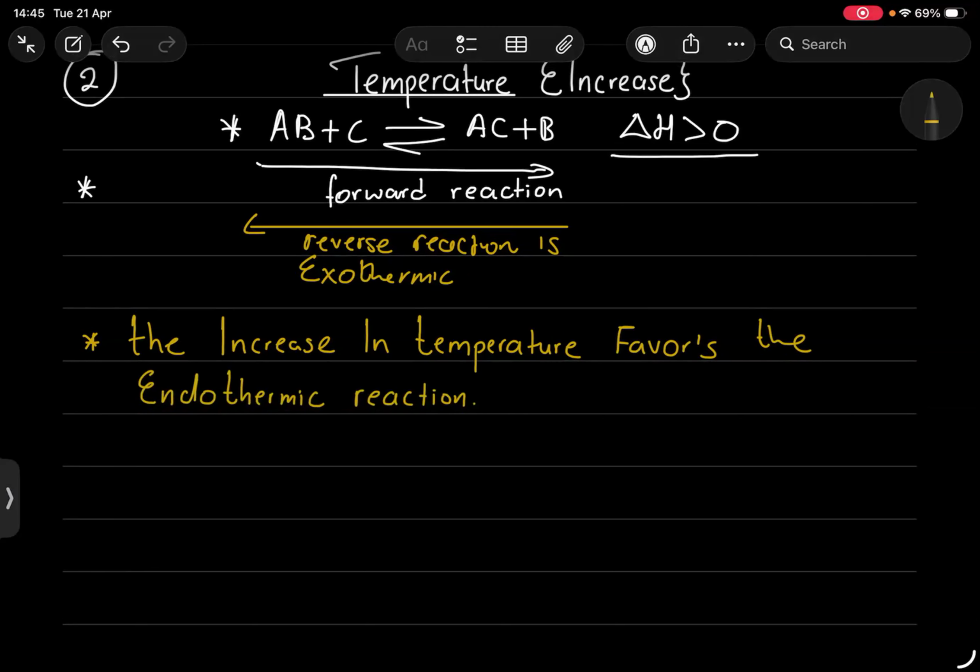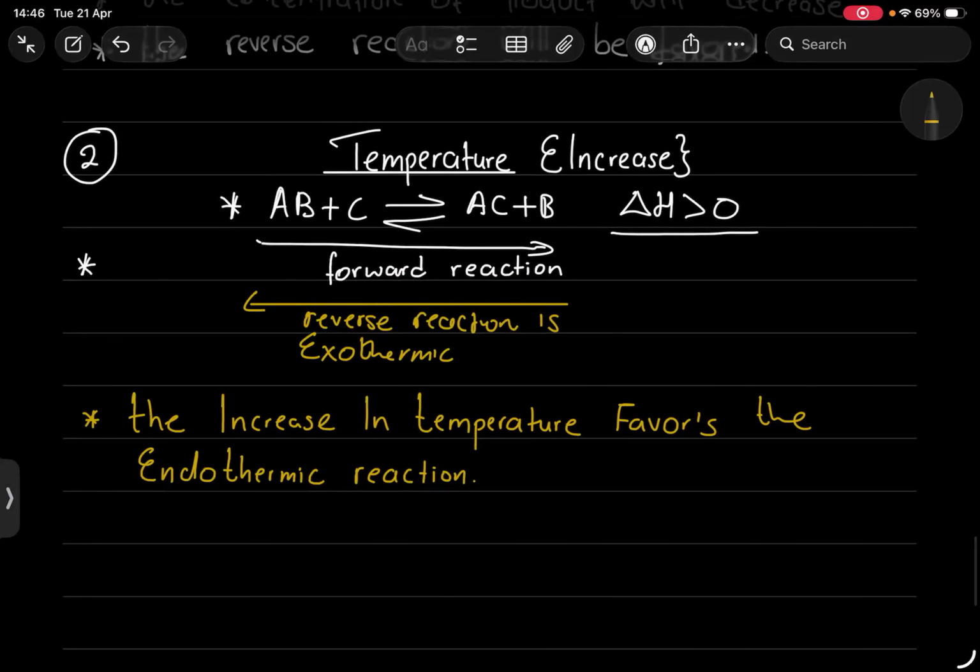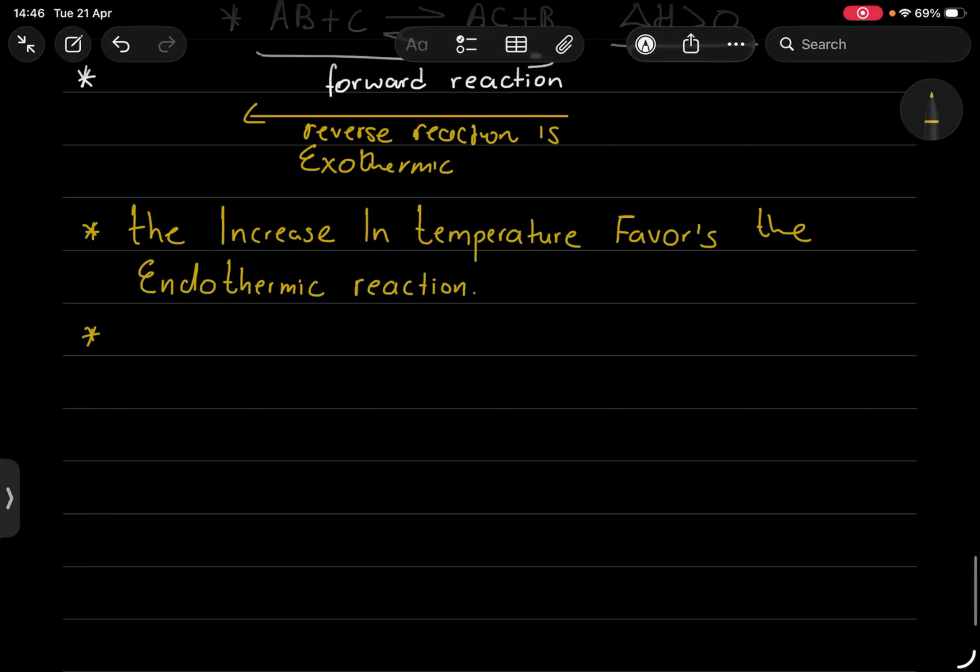You get it? So now, which reaction is going to be favored? Is it the forward reaction or the reverse reaction when the temperature is increased? The forward, sir. The forward reaction is going to be favored, right? So now you're going to state on bullet number 2 that the forward reaction is favored.